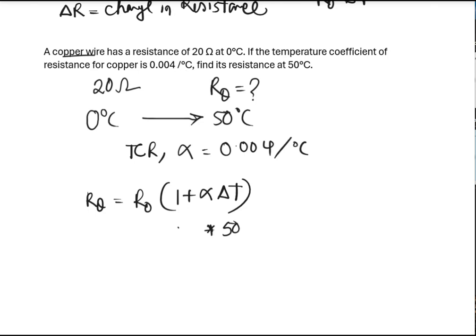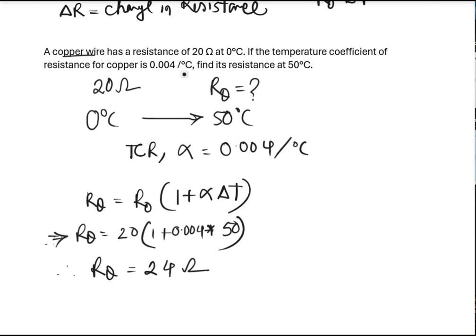The value of alpha is 0.004, and the value of initial resistance is 20. So R theta equals, we could compute using a calculator, 24 ohm.